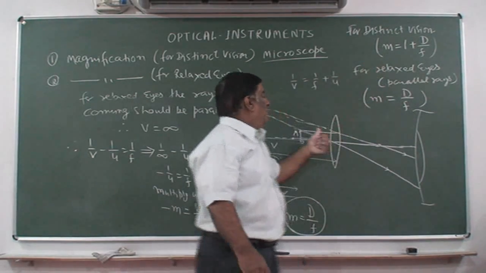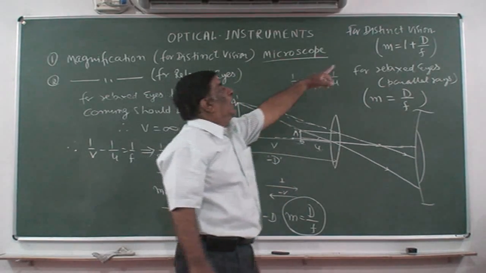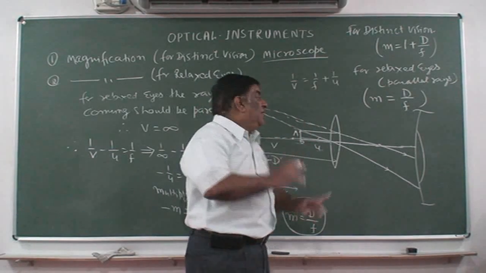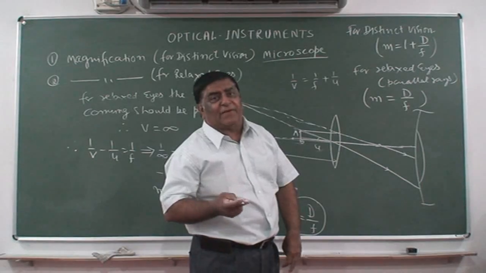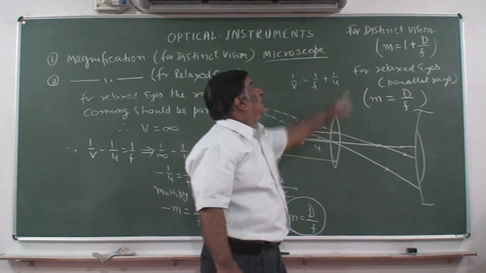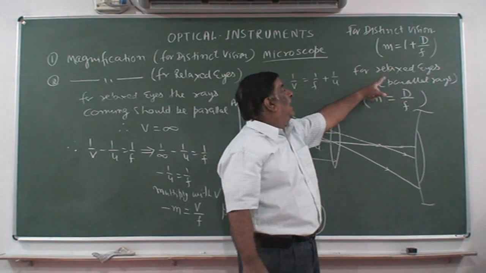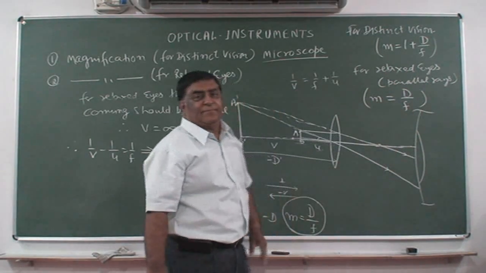And this you must remember, how this D has come in this. So M is equal to 1 plus D upon F. Now onward, wherever we use these lenses, we will remember that the magnification done by this lens for distinct vision is 1 plus D upon F, and for parallel rays, for relaxed eyes, it is D upon F.